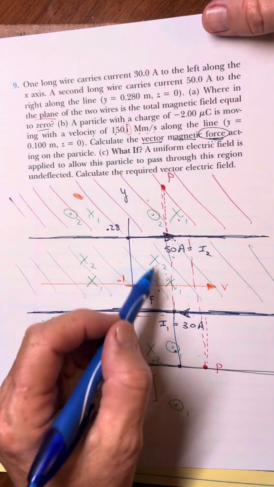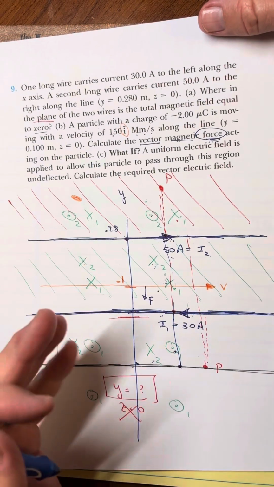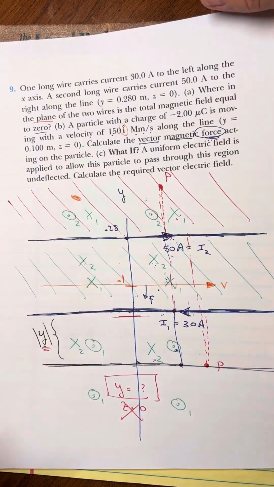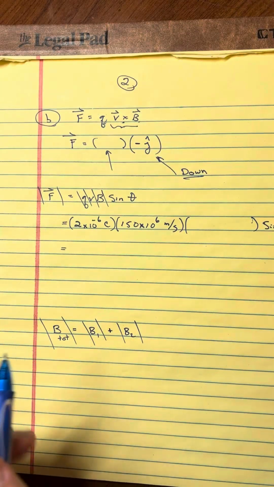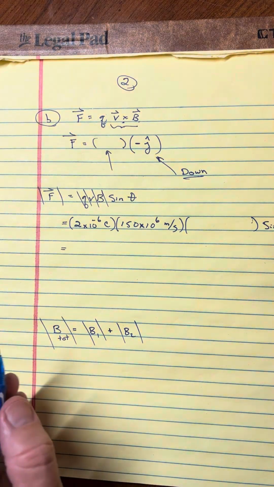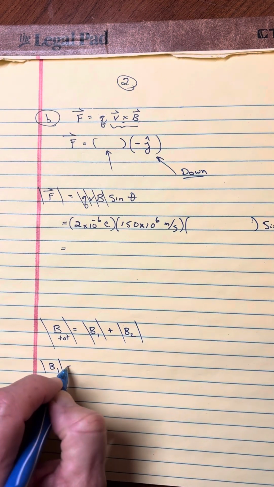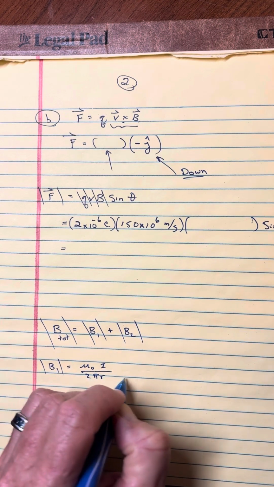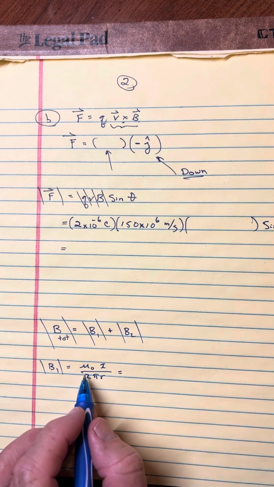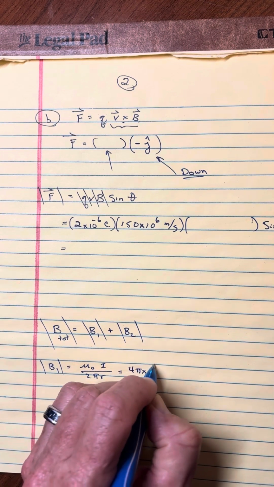And again, notice I'm adding them, and I'm adding them because I've already said they would be in the same direction, and they'd be into the screen, so I'm not going to call them a negative z direction, but I'll just get its magnitude, okay? And so B1, or at least its magnitude, would be mu naught times I over 2 pi r, where our mu naught, of course, is our 4 pi times 10 to the minus 7.